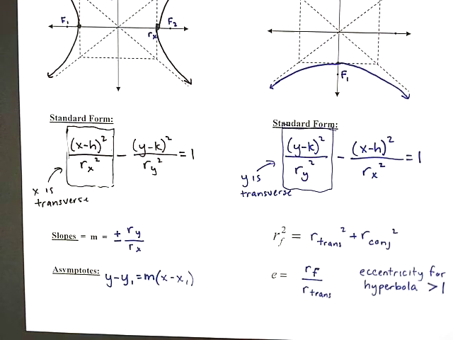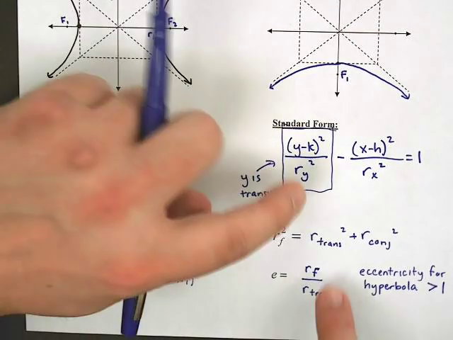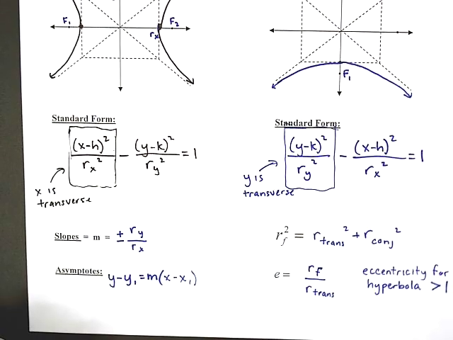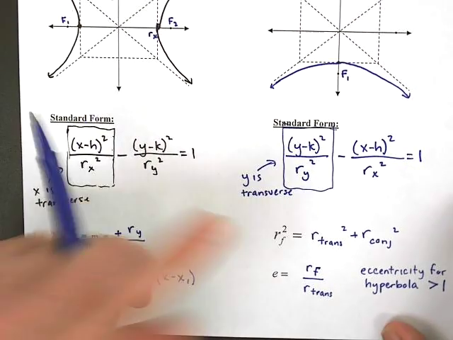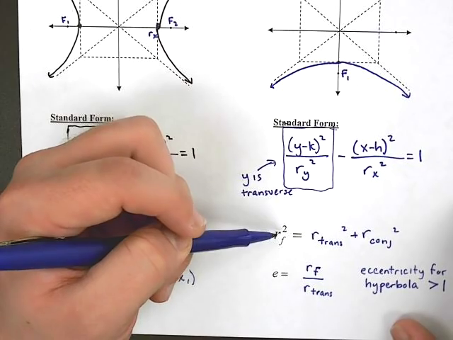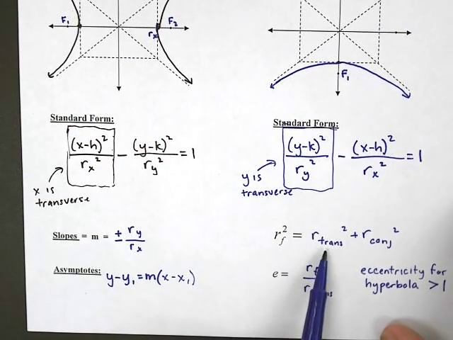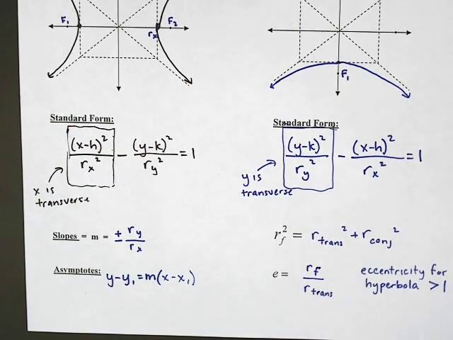Always has to be greater than 1. That should make sense, because if you're taking two positive numbers, squaring them, and then you're going to square root it, right? But that number, when you square root it, is still going to be bigger than just this r sub transverse, okay? So hopefully that makes sense. Our eccentricity for a hyperbola should always be greater than 1.